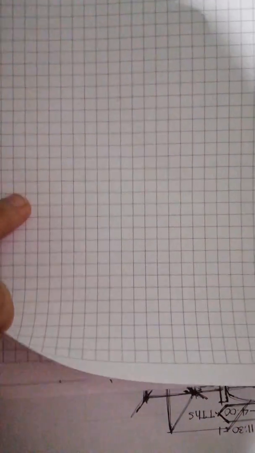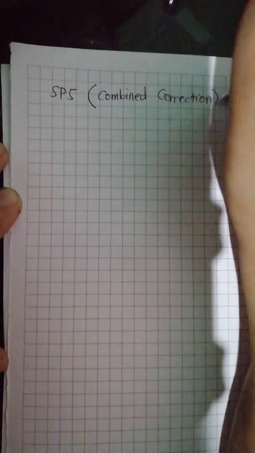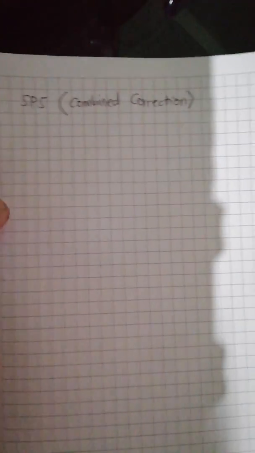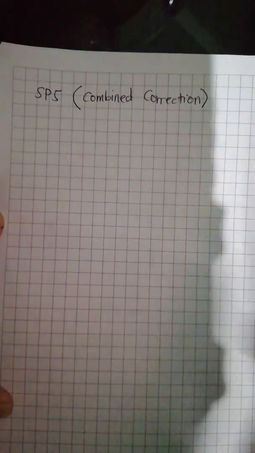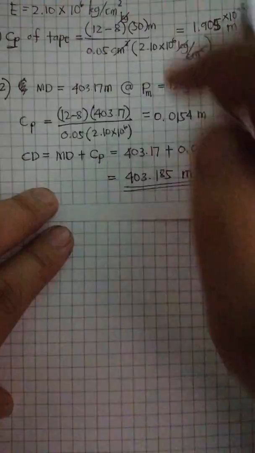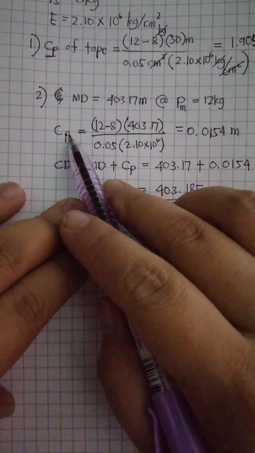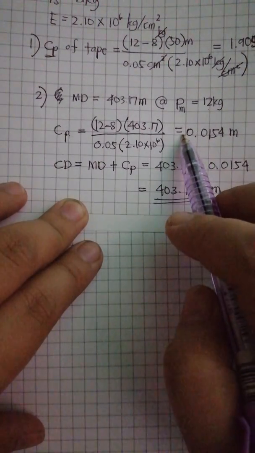Let's go down to the last sample problem. So, for the last sample problem, SP5, ito na yung combined corrections. So, what if in a certain situation, we will have to combine all of the corrections. By the way, before we proceed, there are times that the correction due to pull is negative.